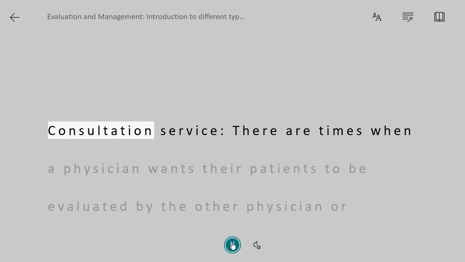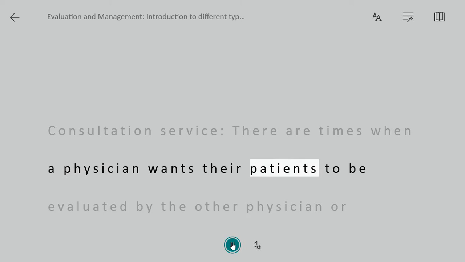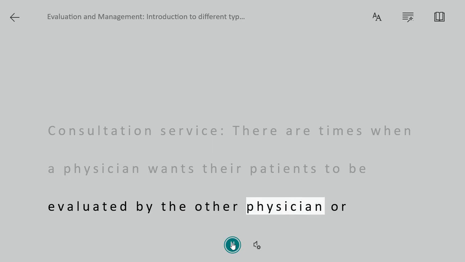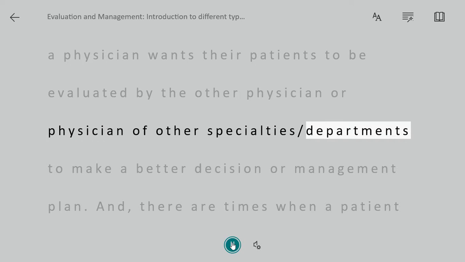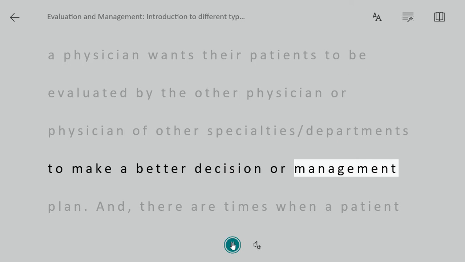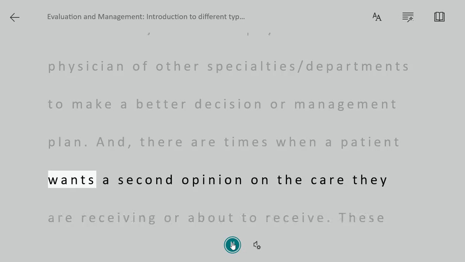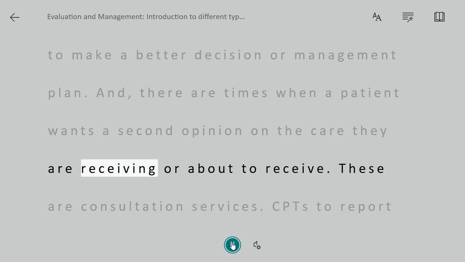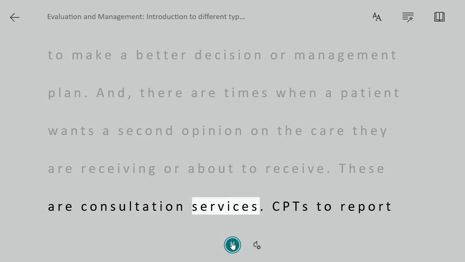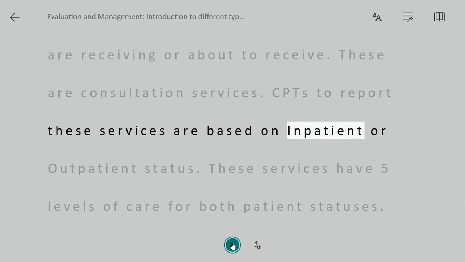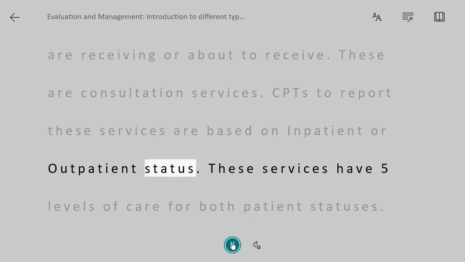Consultation service. There are times when a physician wants their patients to be evaluated by another physician or physician of specialties departments to make a better decision or management plan. And there are times when a patient wants a second opinion on the care they are receiving or about to receive. These are consultation services. CPTs to report these services are based on inpatient or outpatient status.